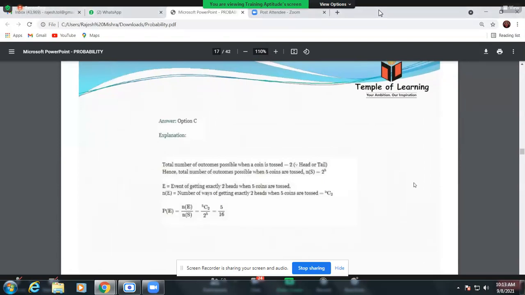Total number of outcomes possible when one coin is tossed is 2, either head or tail. Hence, the total number of outcomes possible when 5 coins are tossed is 2 to the power 5. The event of getting exactly 2 heads when 5 coins are tossed is 5C2.